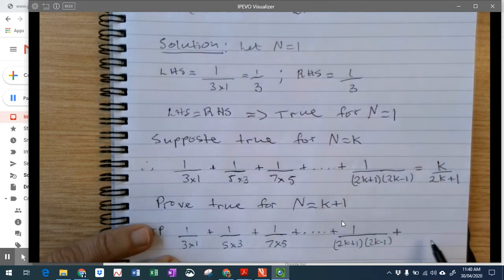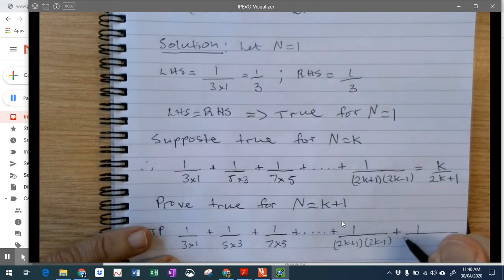Now, you've got to add in the k plus 1 term here. So I'll need the whole bit. So that'll be 2 outside of k plus 1 plus 1, square bracket.